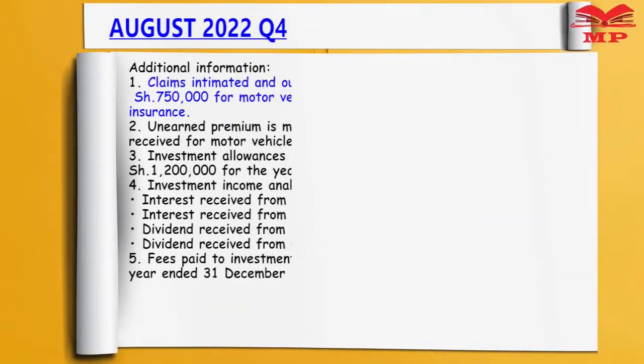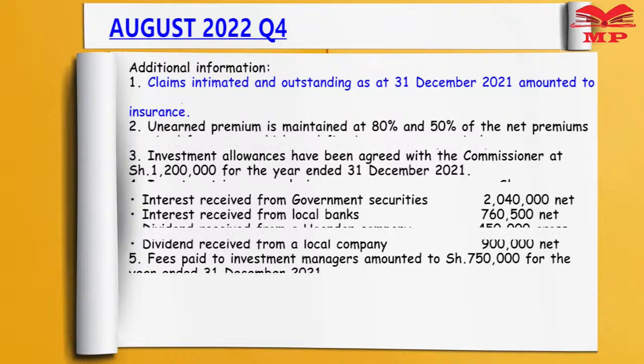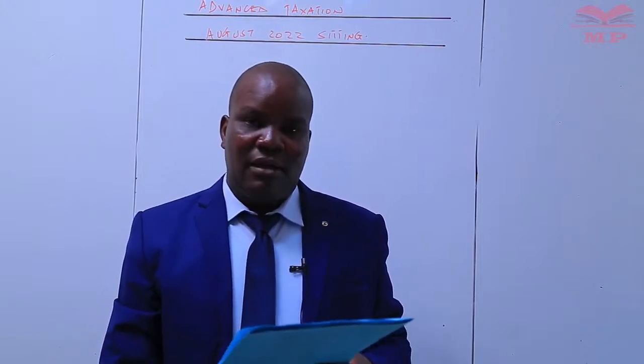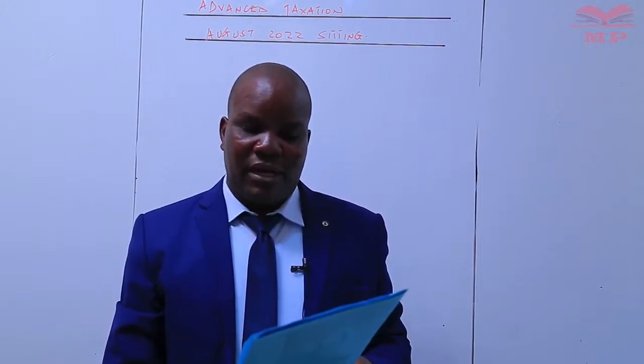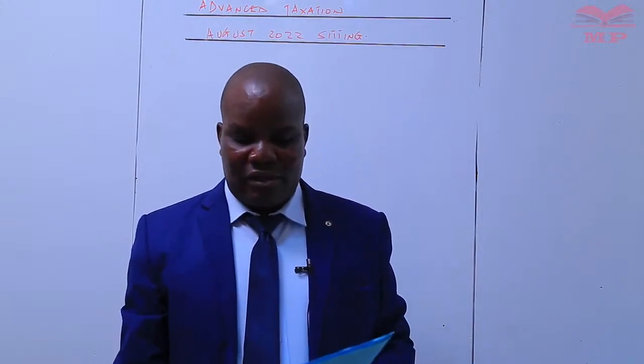So we have a trial balance. Additional information 1 says, claims intimated and outstanding as of 31st December 2021 amounted to 750,000 for motor vehicle insurance and 480,000 shillings for fire insurance. So this is a question testing taxation of general insurance. Remember, the activities of an insurance company could be in the form of general insurance and life insurance.